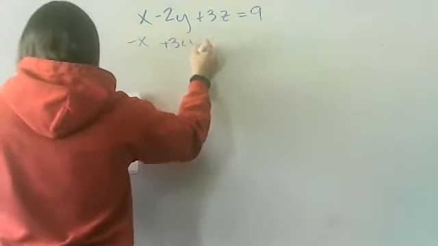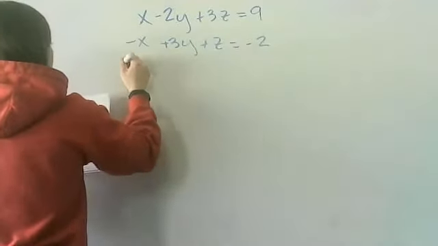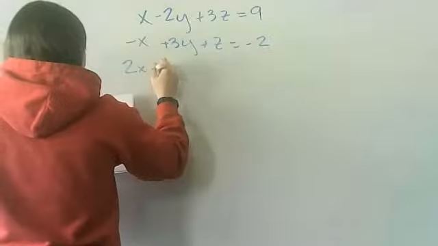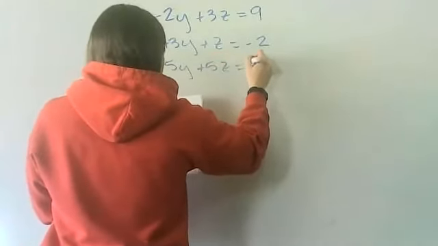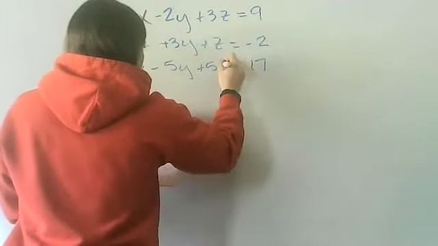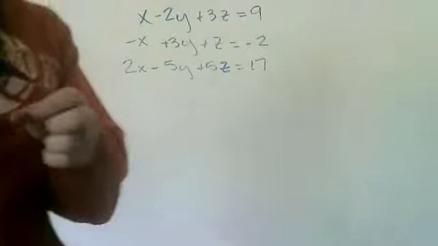Negative x plus 3y plus z equals negative 2. And 2x minus 5y plus 5z equals 17. Okay?